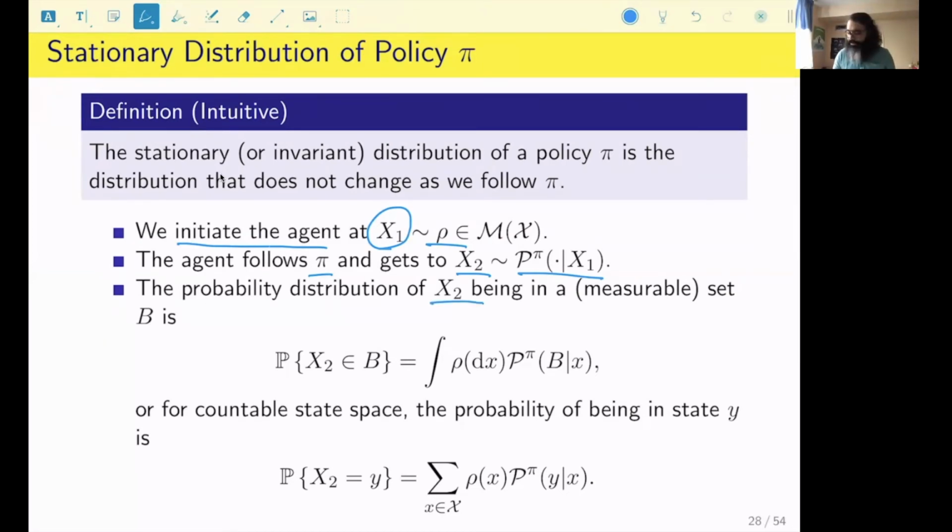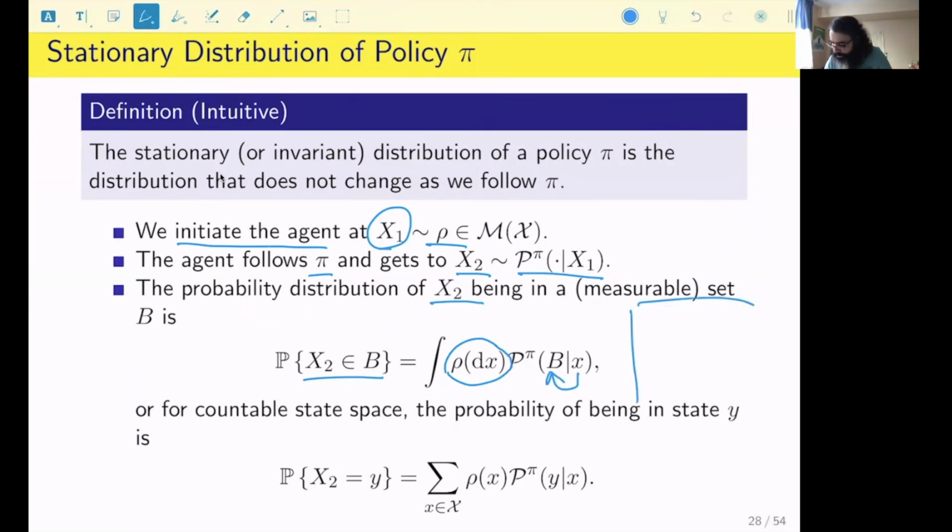I think we had it before: the probability of x2 being in some set B essentially depends on the probability that the agent has started at state x, which was rho, and the probability that from that state x it goes to set B.